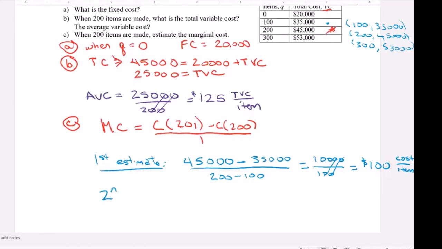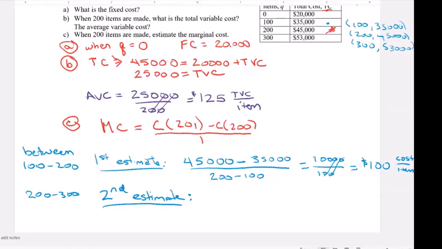Our second estimate is going to tell us if it changes, which we kind of saw it did. The first one is between 100 and 200 items, and this one's going to be between 200 and 300 items. When I take the average of the two numbers, I'll find something very close to what it would cost to produce one more than 200 items, or the marginal cost.